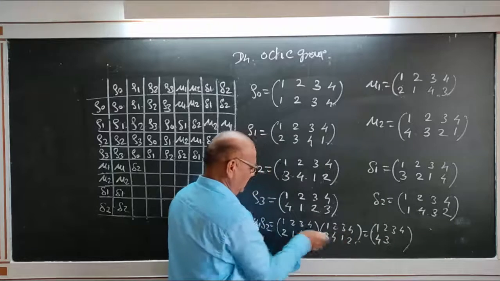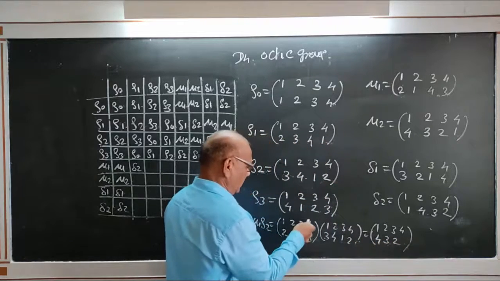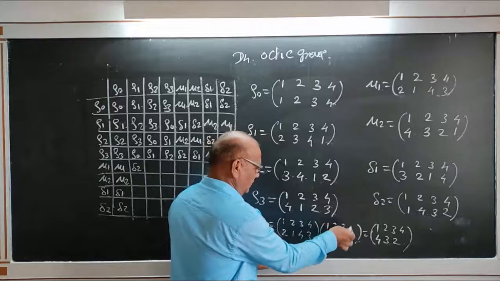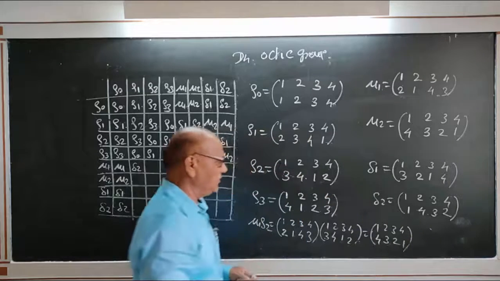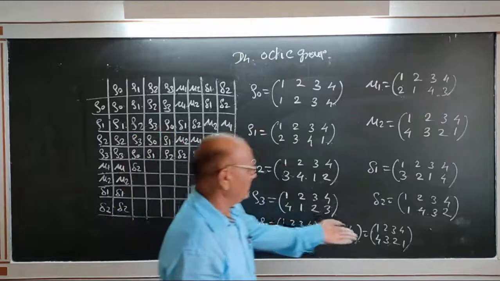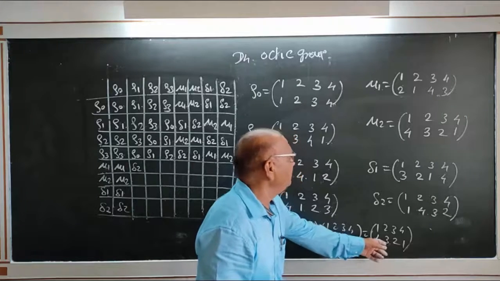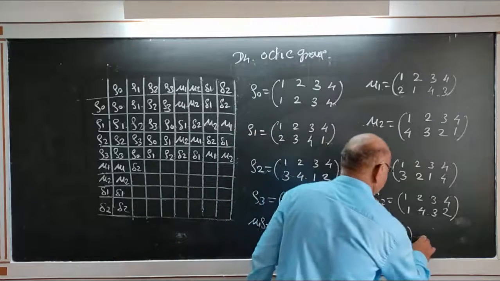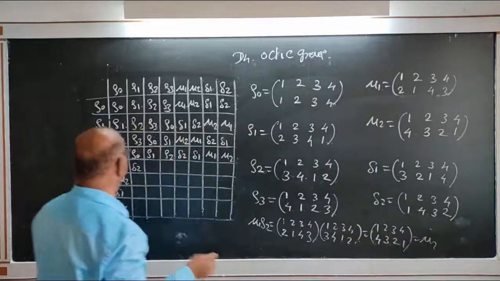Here 3 goes to 1, here 1 goes to 2. Here 4 goes to 2, here 2 goes to 1. 4, 3, 2, 1. This is mu 2.